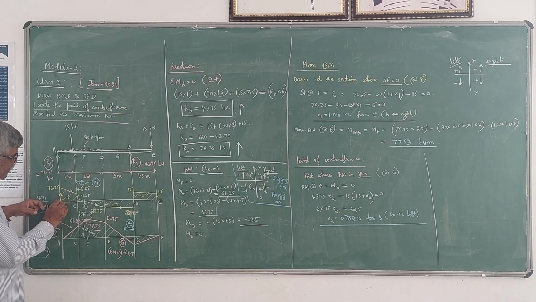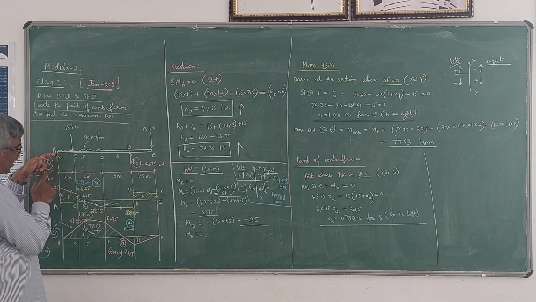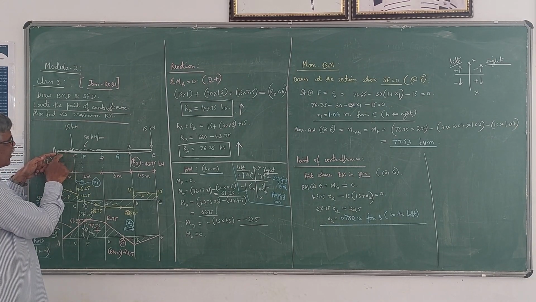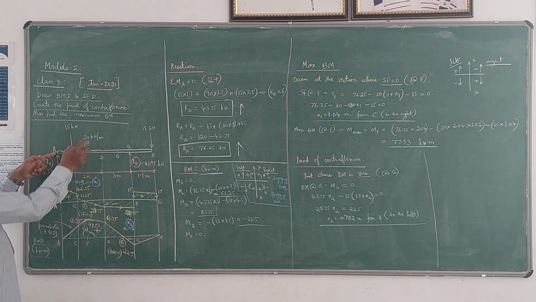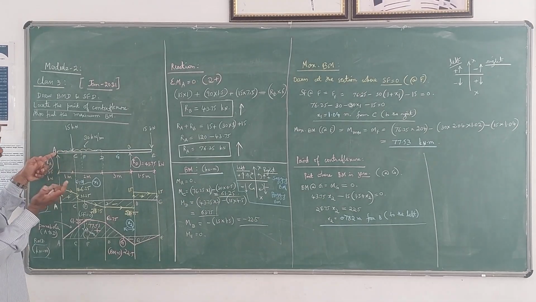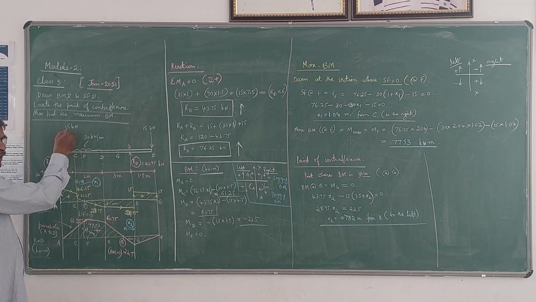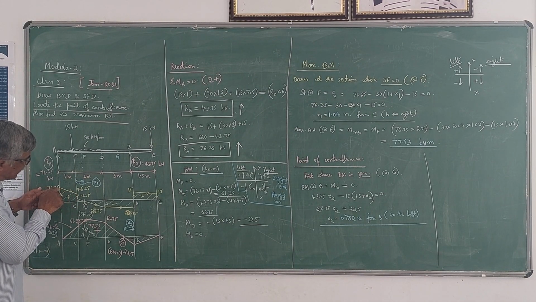Start from point A and move upwards by 76.25. Then from A to C, you have UDL. How much UDL? 30 into 1. If you convert that UDL to a concentrated load, it is 30 kilonewton. That 30 kilonewton is acting downwards, therefore the profile is linearly decreasing. I am showing the arrow here.